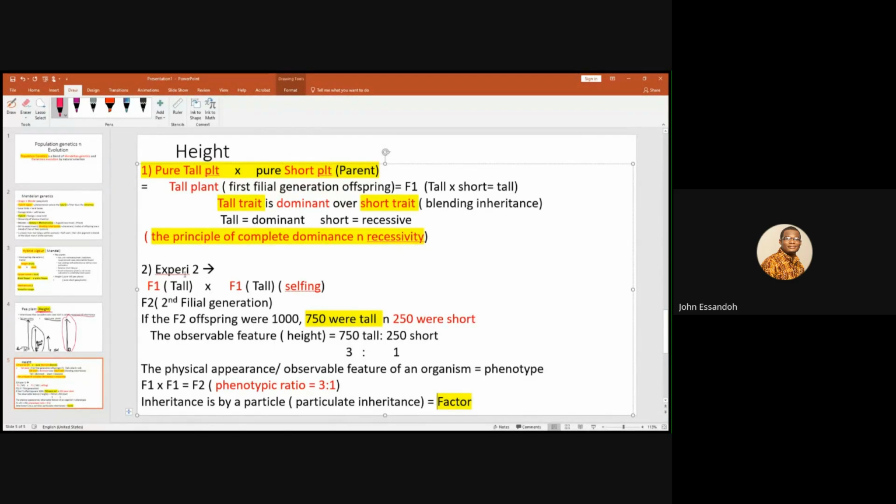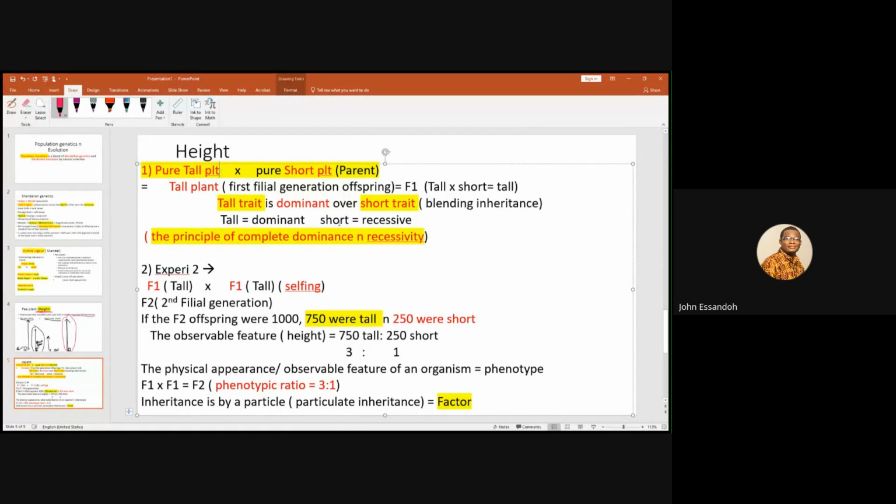He said that it seems that a trait is controlled by two factors, and these factors, as they pass from parent to offspring, they separate. And that actually gave birth to Mendel's first law.